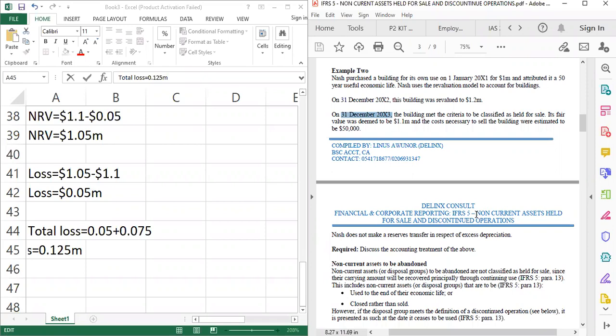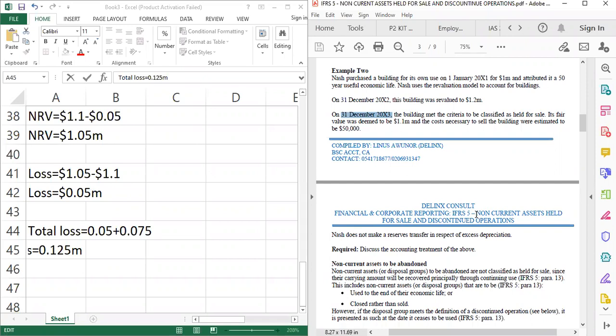Since the asset is carried under a revaluation model, it means that at the end of every financial period, the value of the building must be measured to their fair value. That is the first idea about the revaluation model. So the first revaluation was done on 31st December 2x2, isn't it? As at this day, we have to know whether we are making a revaluation loss or revaluation gain. Therefore, we have to know the carrying value of the asset as at the day that we are doing the revaluation.